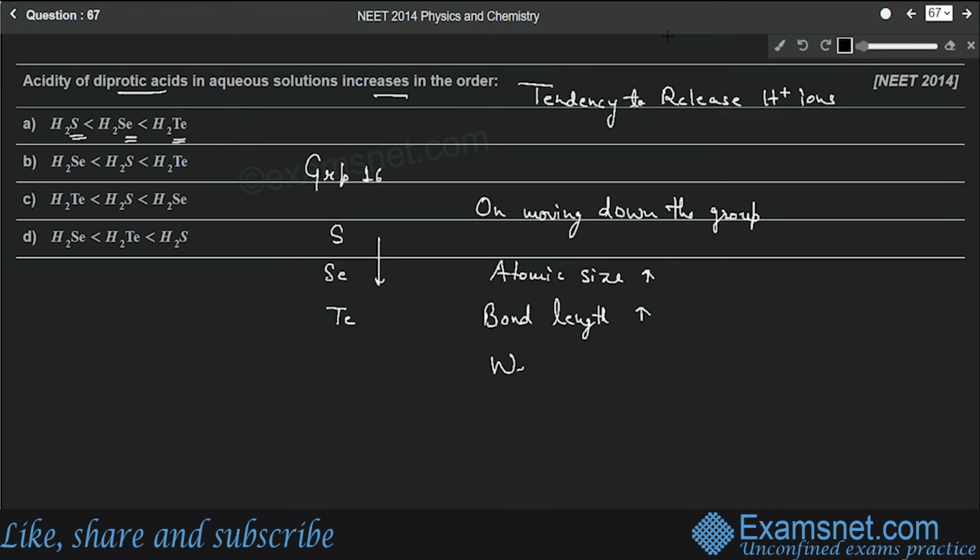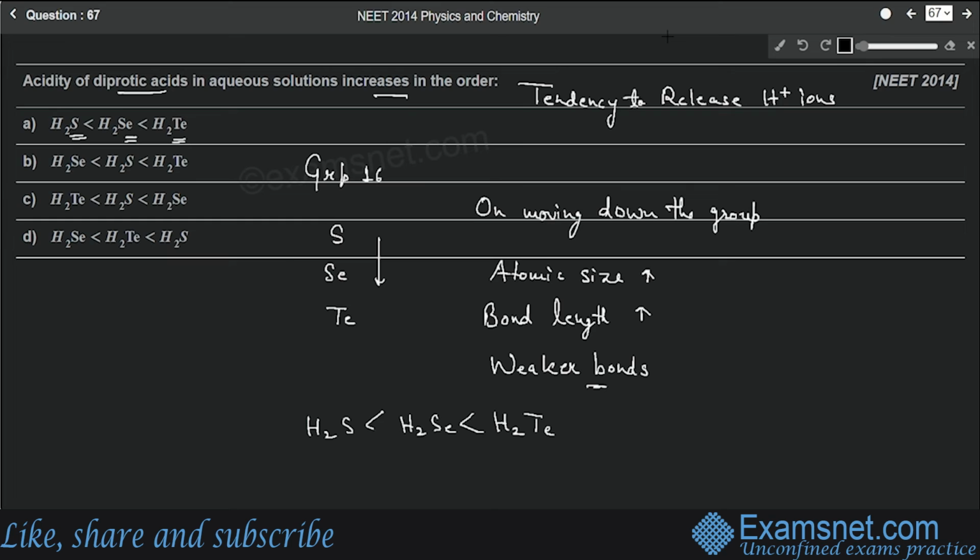So it leads to weaker bonds as we move down the group. So if we compare the bond strength of H2S, H2Se and H2Te, so from sulfur to tellurium, the size of the atom is increasing, bond length is increasing, so the bond is becoming weaker.